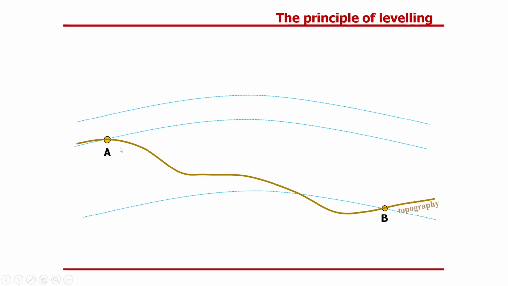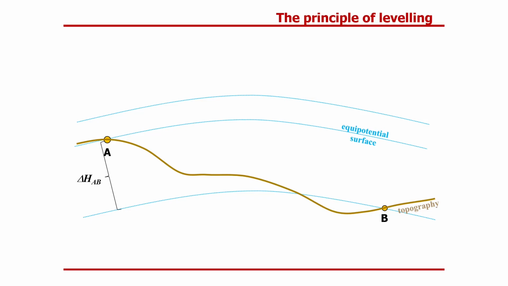You can see the brown line is the topography surface. We have 2 points on the Earth's surface, and the blue dotted lines are the surfaces of equal gravity potential, or equipotential surfaces.